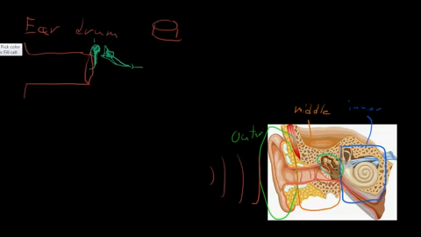So these three bones are commonly called the hammer, the anvil, and the stirrup. How do you spell stirrup? Something like that. It might have two R's.